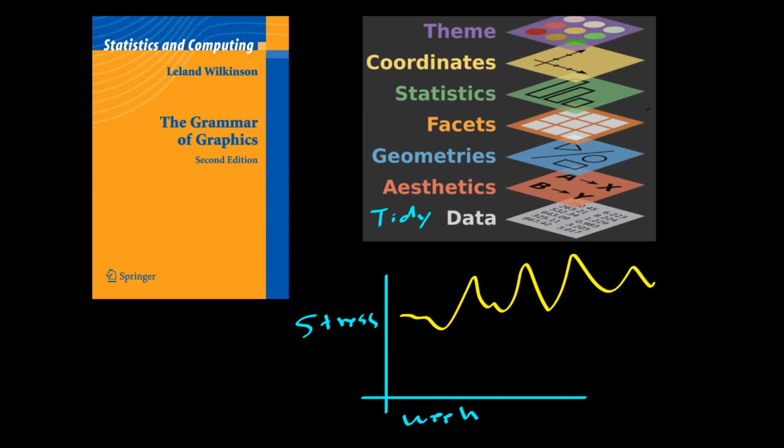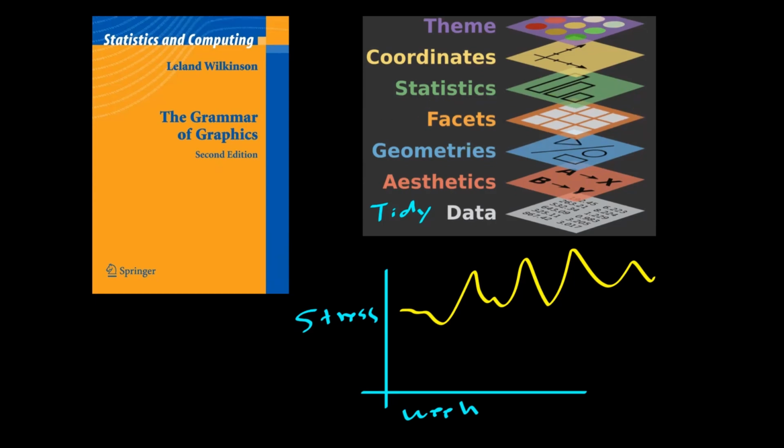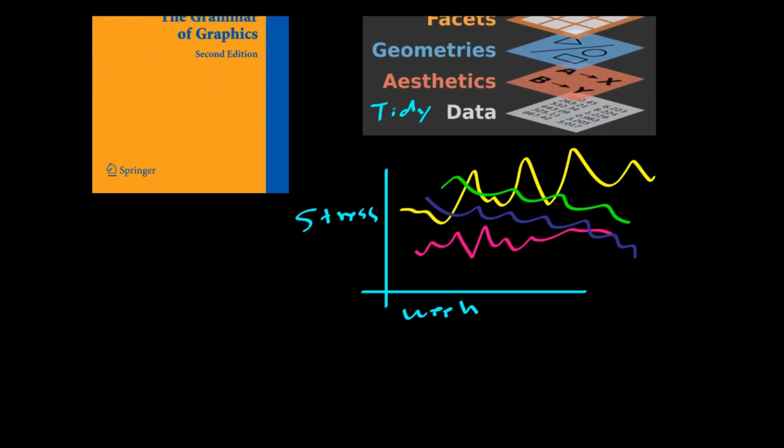You can also do what are called facets, and this is something that will be maybe easier to see than to talk about, but maybe that yellow line is my stress level as a function of time this semester, and here's yours. And then here's somebody else's. I should use a different color for that. And here's somebody else's. What a facet would do is say, okay, I want to take this plot, and then I'm going to facet it by each person.